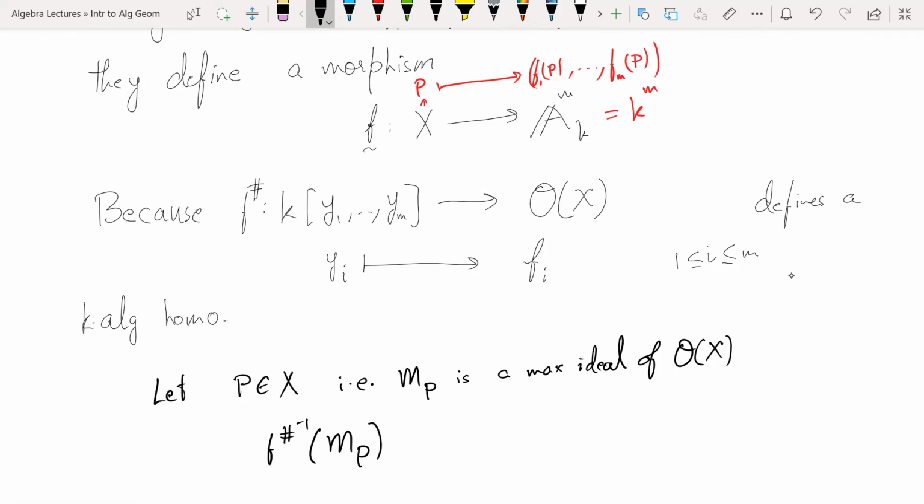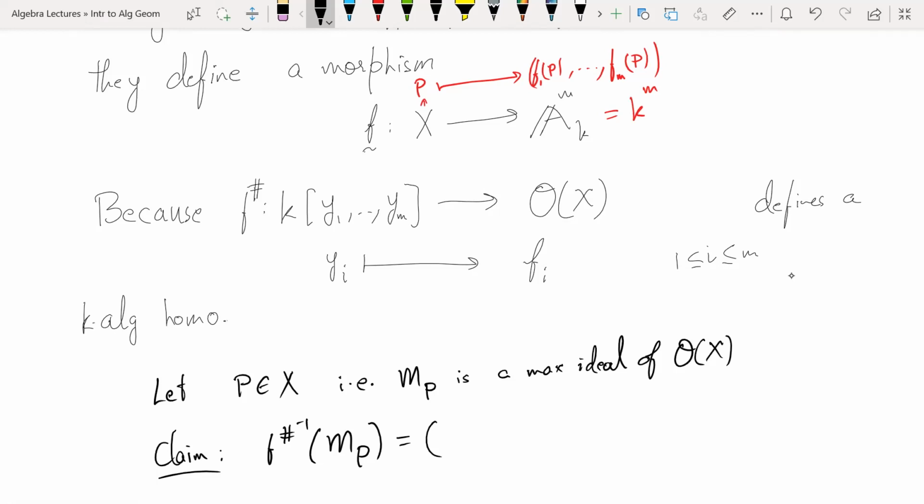So the claim is that, of course, this is a maximal ideal because both are finitely generated K algebras. So maximal ideal pulls back to maximal ideal, that is Hilbert Nullstellensatz, but we want to say exactly what this maximal ideal is.